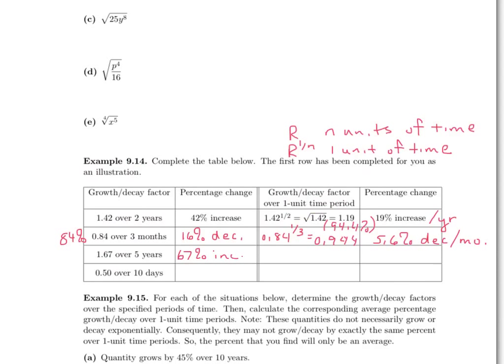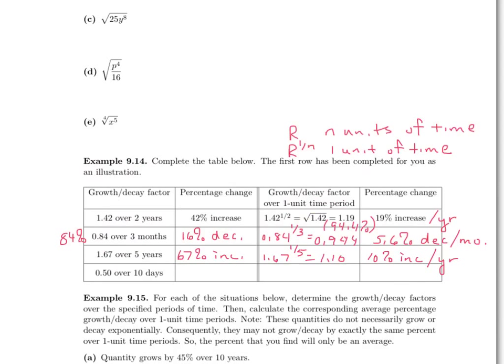If we want to figure out what the factor is over 1 year, we take our 1.67 and we raise it to the 1/5 power. If we work that on our calculator, we get an approximate value of 1.10. This corresponds to a 10% increase. And this would be per year.